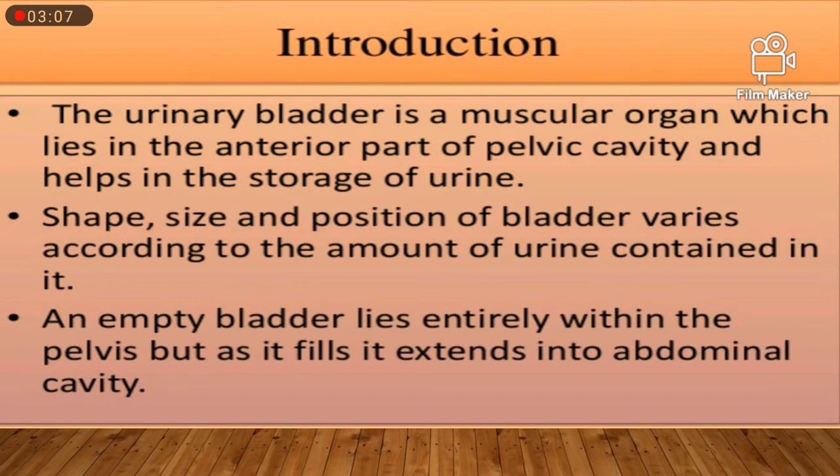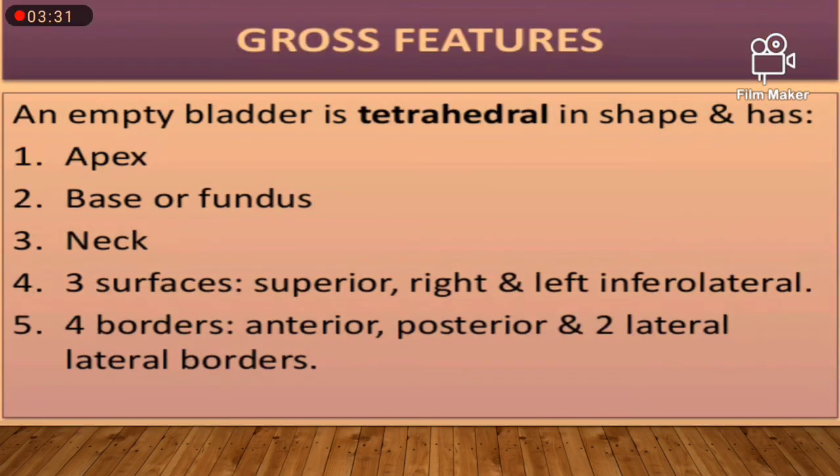An empty bladder lies entirely within the pelvis, but when it fills it extends to the abdominal cavity. When it is filled up, it extends to the false pelvis. But when it is empty, when it is tetrahedral, it is within the true pelvis.